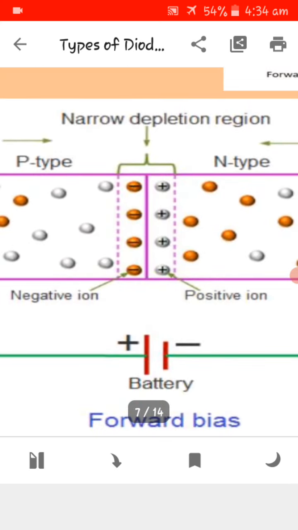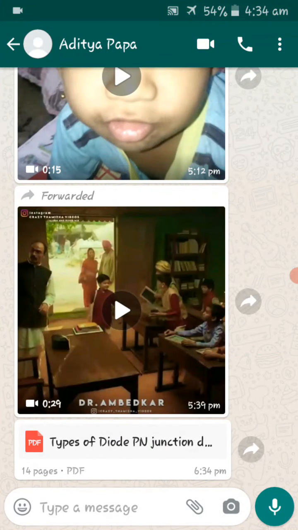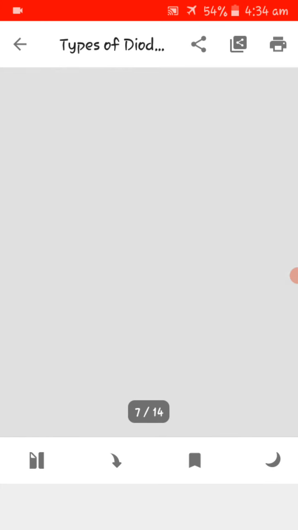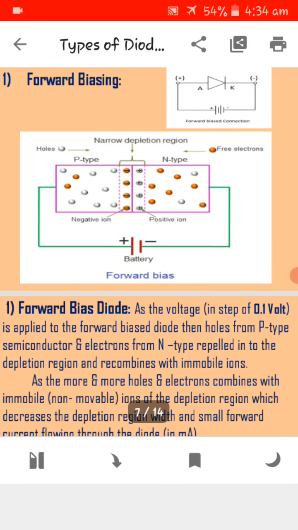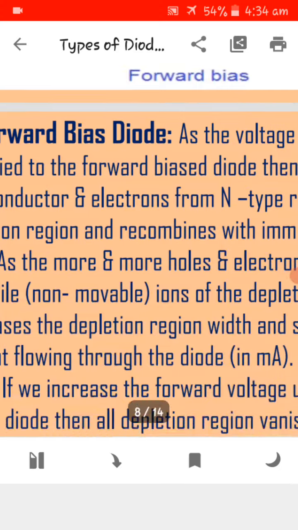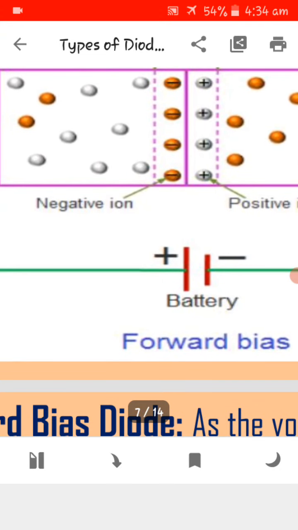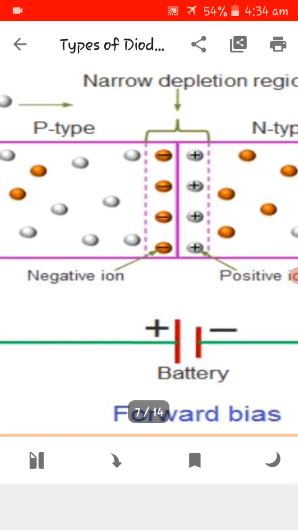So by repelling both opposite charges into the depletion region, the width goes on decreasing.